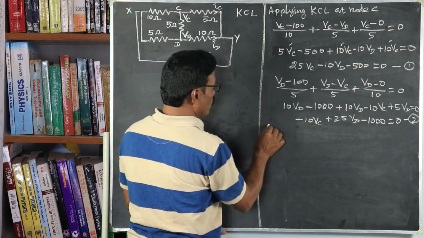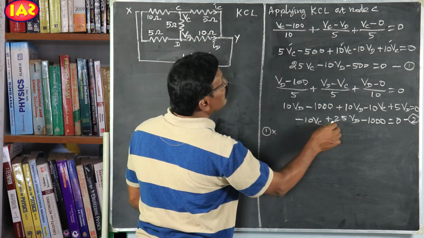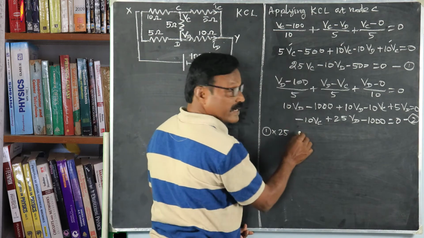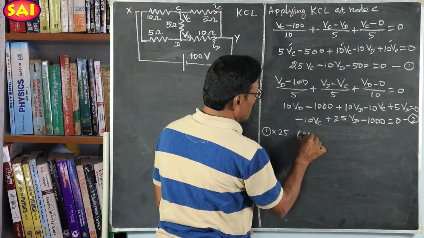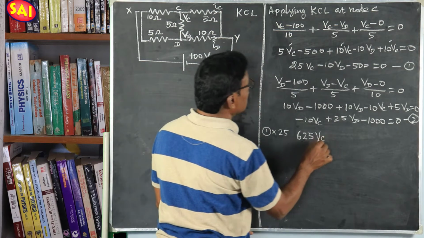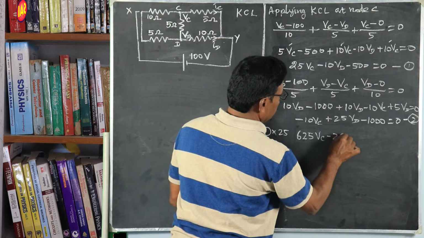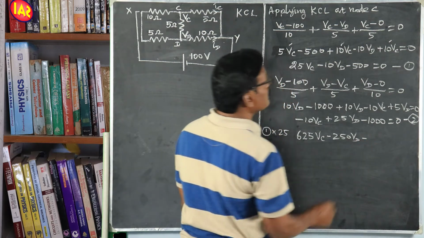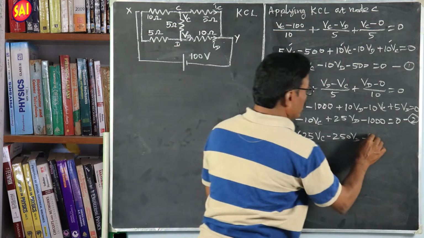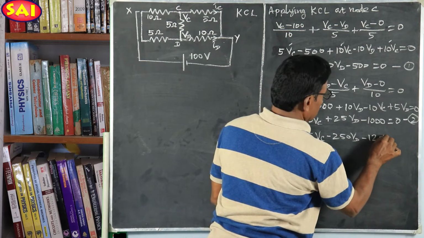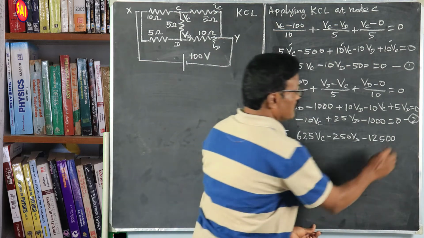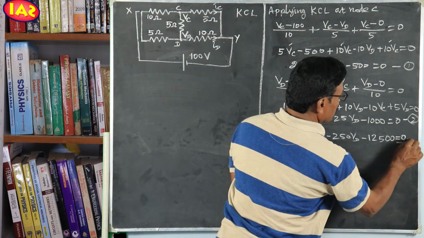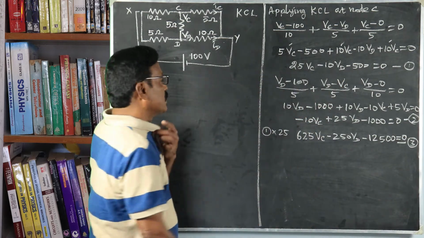Therefore, multiply equation 1 by 25. 1 into 25 will be equal to 25 into 25, 625. 625 VC minus 250 VD minus 5 into 25, 125, 100 equal to 0. Let it be equation 3.